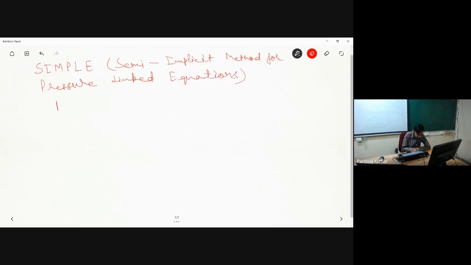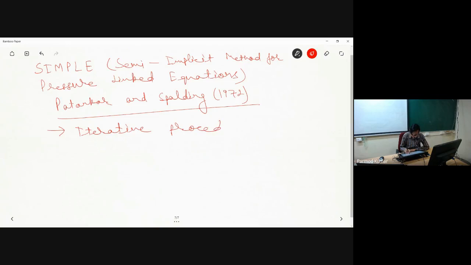This method was proposed by Patankar and Spalding in 1972, and this particular method is actually based on an iterative procedure.